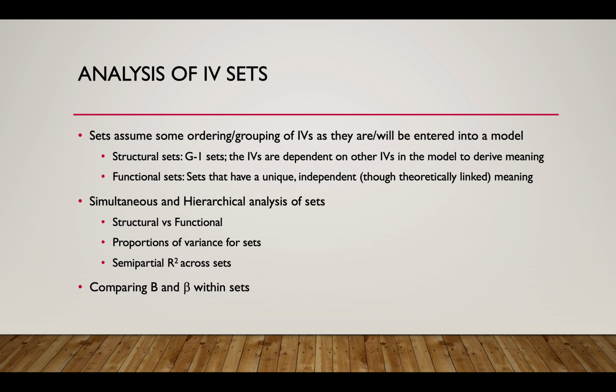So for example, if I have intervention 1, intervention 2, and control, I will have a variable for intervention 1 that is coded 1 for everyone who got intervention 1, and then 0 for everyone who got intervention 2 or for anyone who got the control condition. I will also have a variable coded 1 for anyone who got intervention 2. And then it will be coded 0 for anyone who got intervention 1 and anyone who got the control condition. We just have 2 predictor variables, and then we will enter those in the model together.